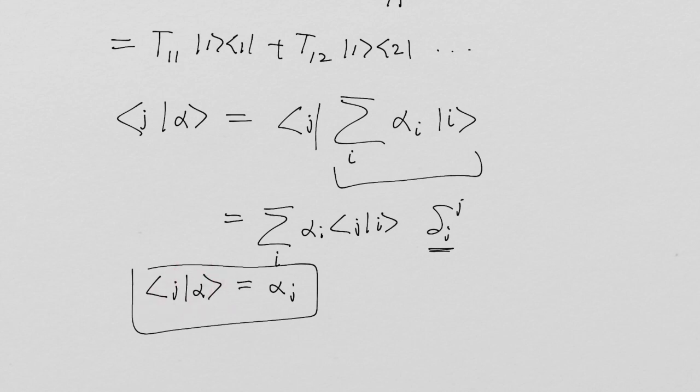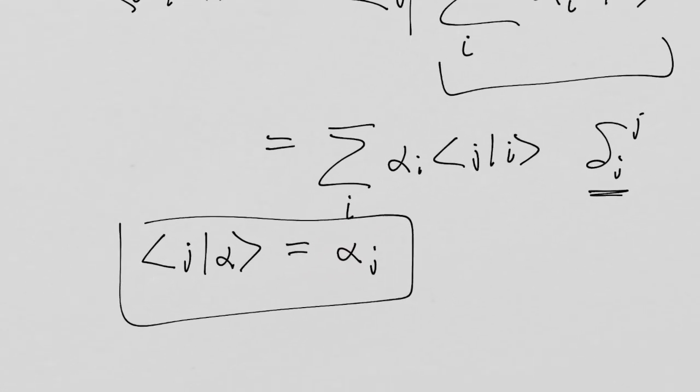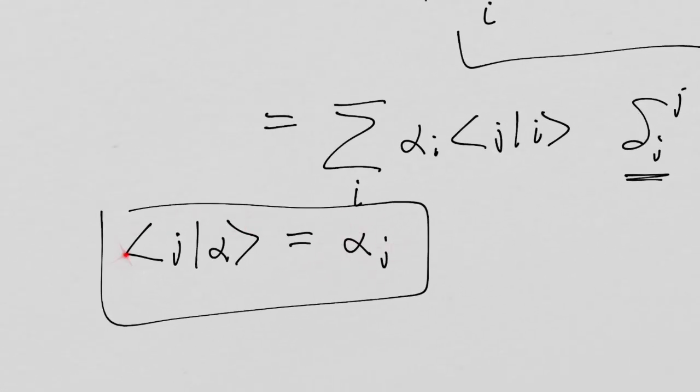If I say the inner product of the state alpha with the state j, what I really mean in my dual space language is the dual space mapping of alpha with the bra associated with j, right? But this is a complex number over here. This is a complex number, and this is a complex number, so the equality makes sense.